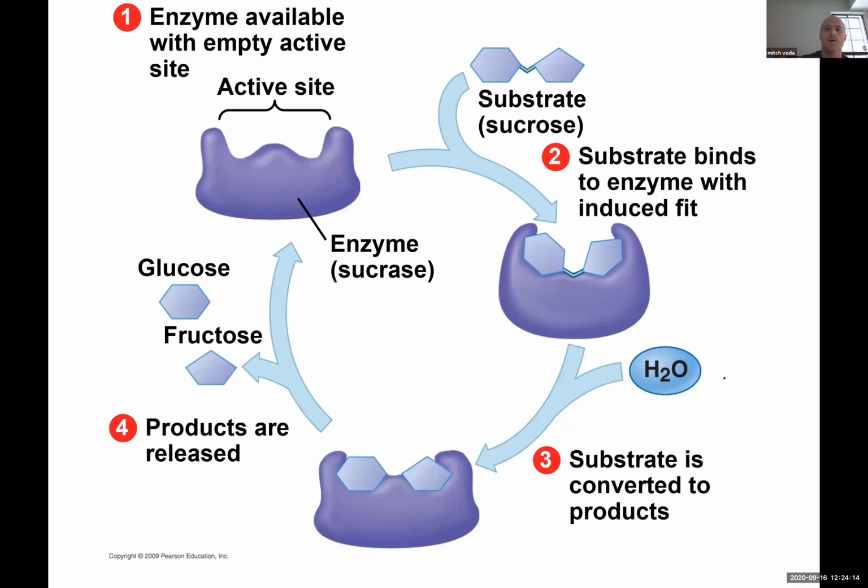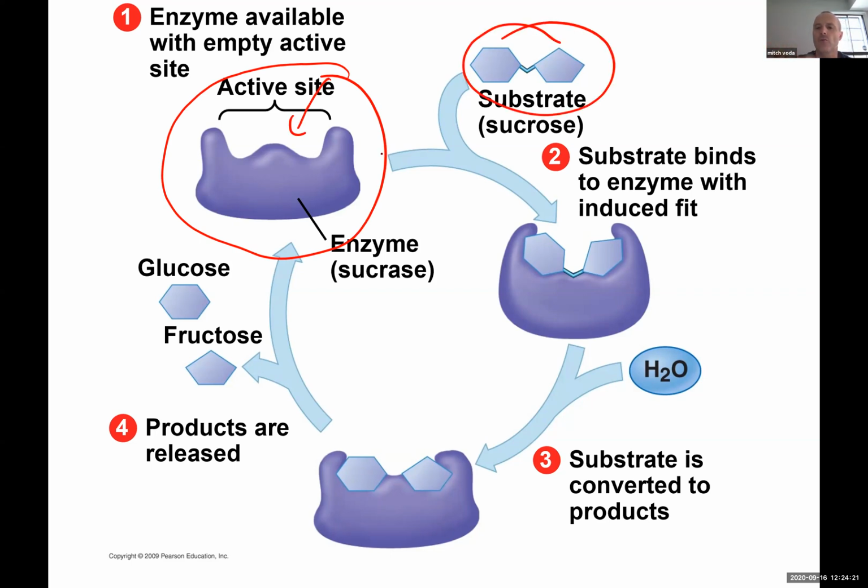You could see right here how the enzymes work. Enzyme, active site, in this case, sucrose comes in here. You see sucrose is made up of two molecules, fructose and glucose. It comes in here and fits in the active site. Through the process of hydrolysis, it breaks down this bond right there.